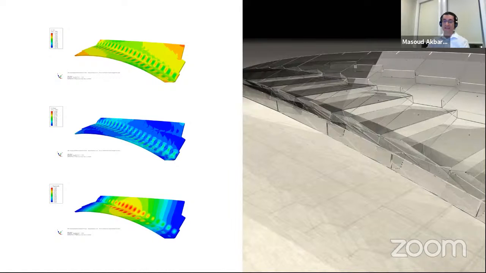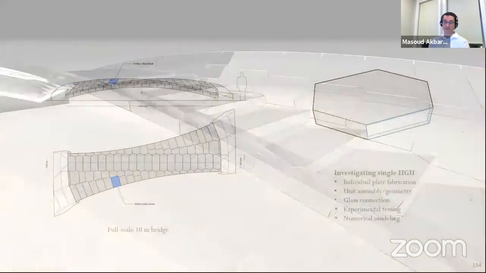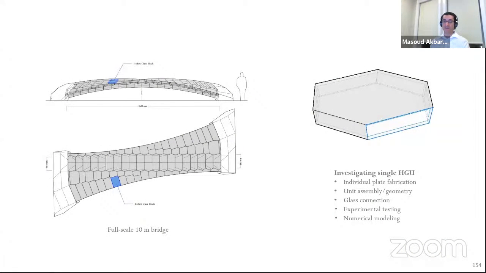Now the question is how? And this question of how is very well tied with the construction technique that we're using. So we are going to use a hollow glass unit structure. The entire system is going to work like a masonry system, but making hollow glass units out of 1 centimeter thin glass is going to be really tricky.